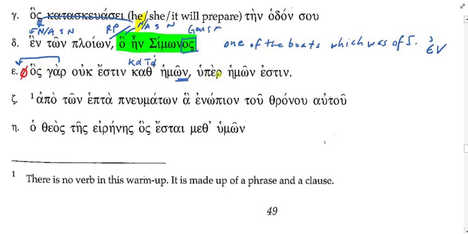Huper plus the accusative is over, but this is huper plus the genitive. So on this, or on the side of, on behalf of, okay? And that's us. So this is on the side of us, with us, for us. Yeah, eta, right? So remember, if there's an upsilon, it's you, right?